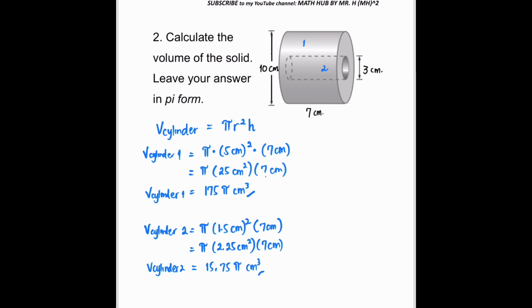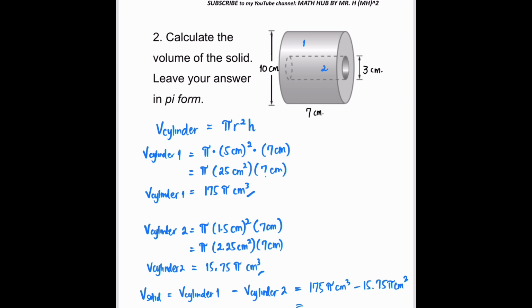So to find the volume of the solid, volume of the cylinder 1 minus the volume of the cylinder 2 will be equal to 175 pi centimeter cubed minus 15.75 pi centimeter cubed.